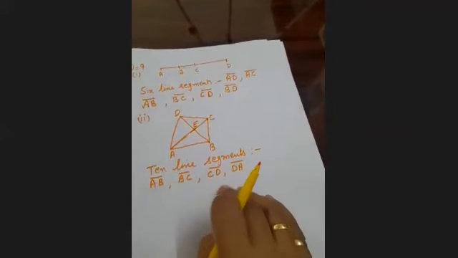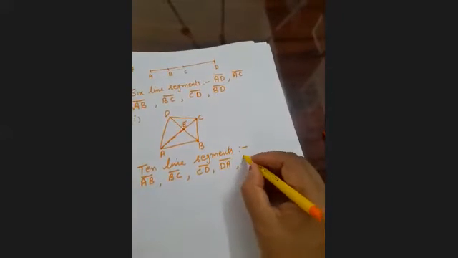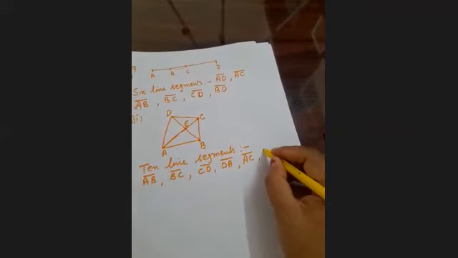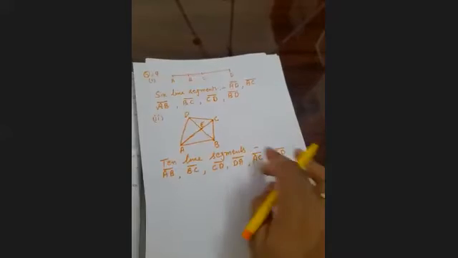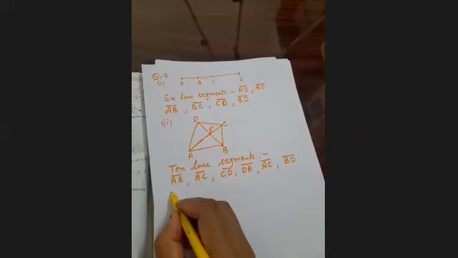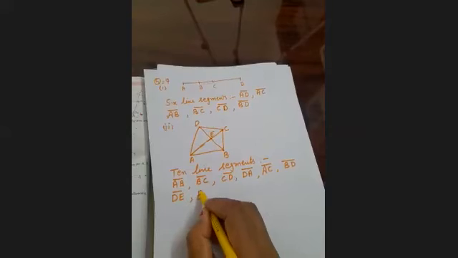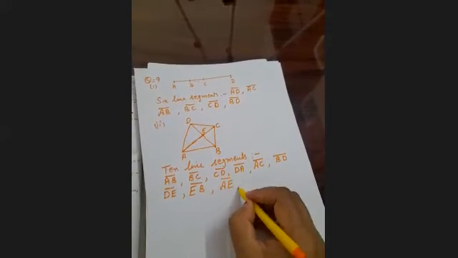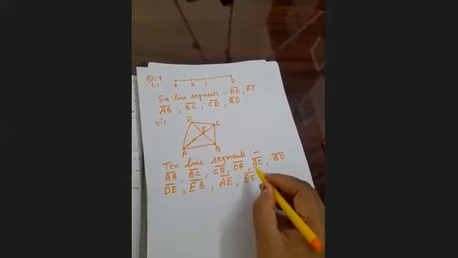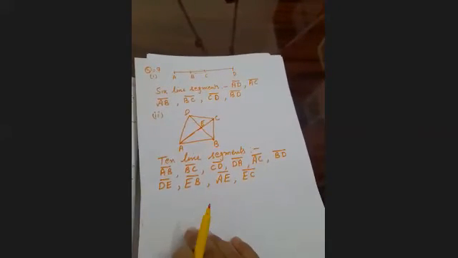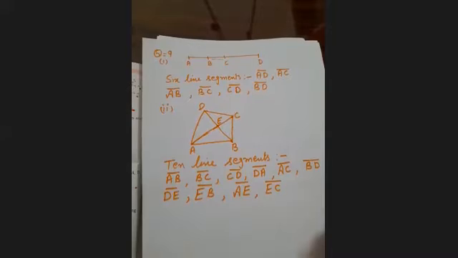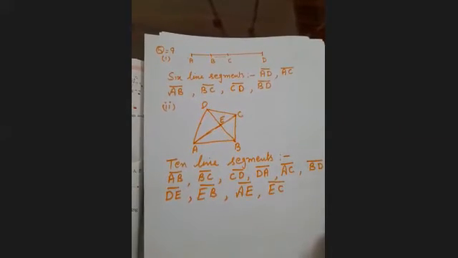These are 4 line segments. Next is AC. Next is BD. These are 6. Now DE, EB, AE, and EC. These are 10 line segments in this figure. Clear, students?